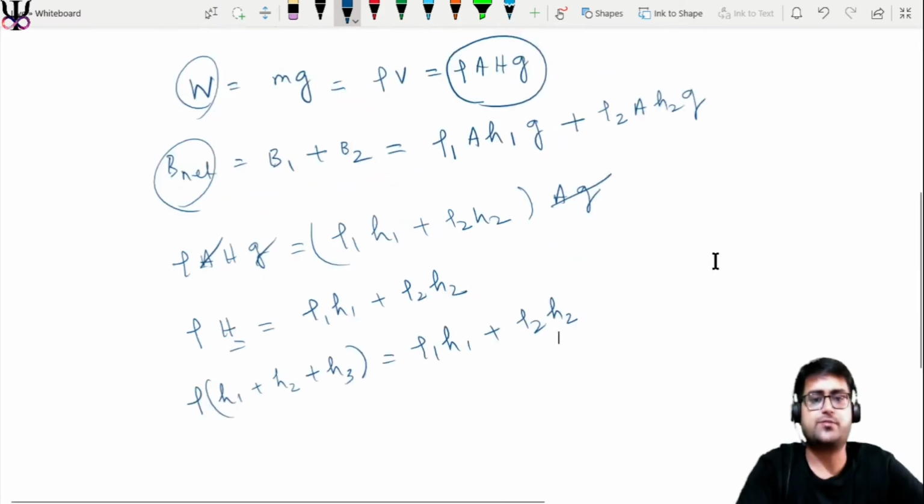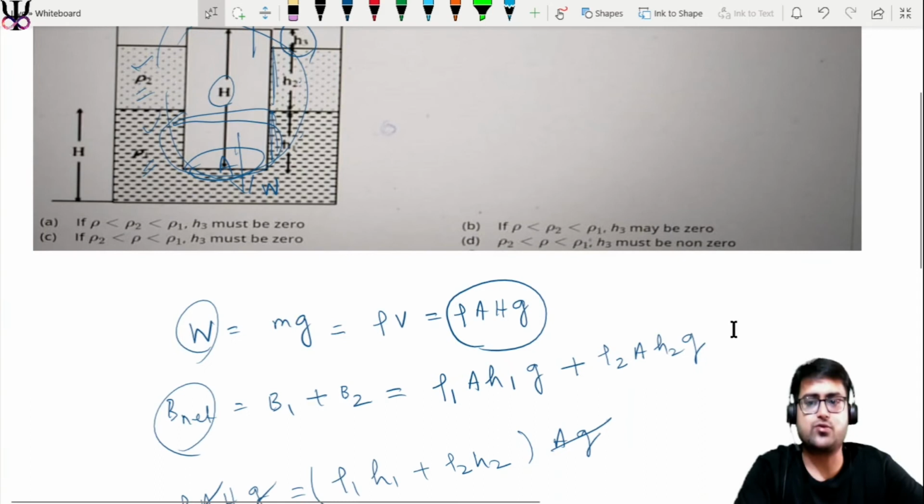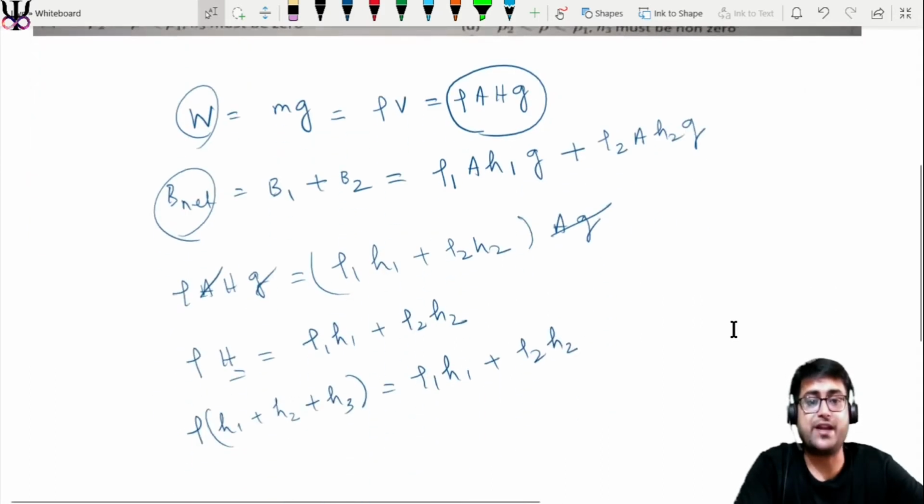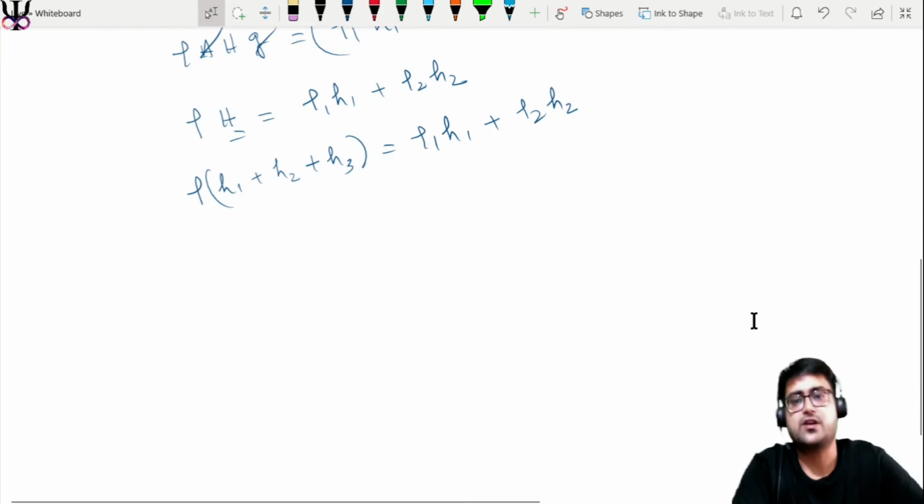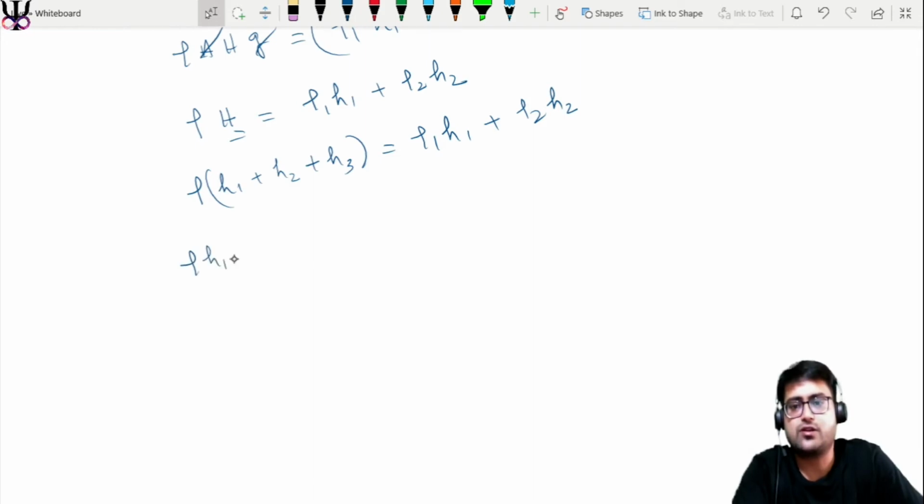The question is basically about H3: in what condition H3 would be 0, in what condition H3 must not be 0, in what condition H3 may or may not be 0, all of this. So to avoid all the controversies in physics questions, let's just take rho H1 plus rho H2 plus rho H3 equals rho 1 H1 plus rho 2 H2.